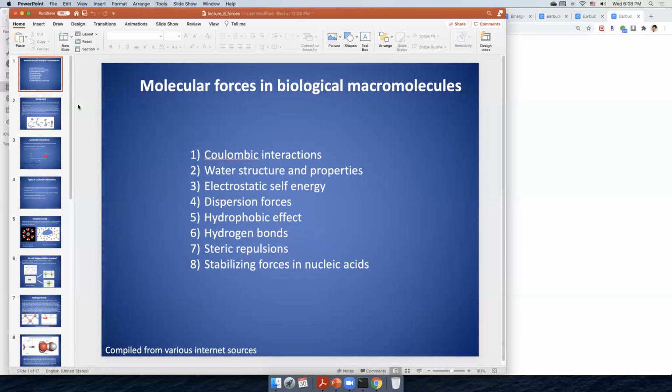So today let's focus on several different types of forces, the Coulombic forces, and some other things that are not forces but effects, like salt bridges and hydrogen bonds.